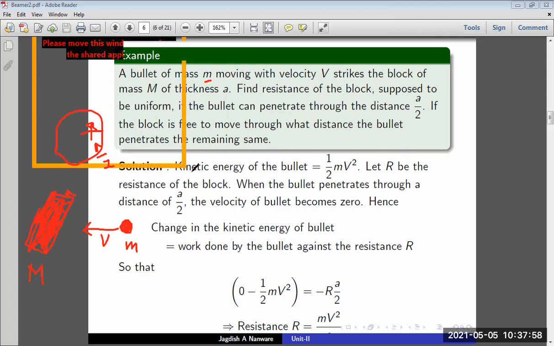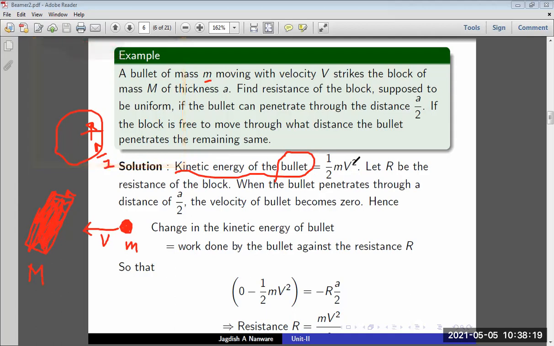So we first find the kinetic energy. What is the kinetic energy of a particle? Here the particle is the bullet, whose mass is small m and velocity is V. So we know that kinetic energy is equal to half into mass into square of the velocity, right? So this is the kinetic energy of the bullet.